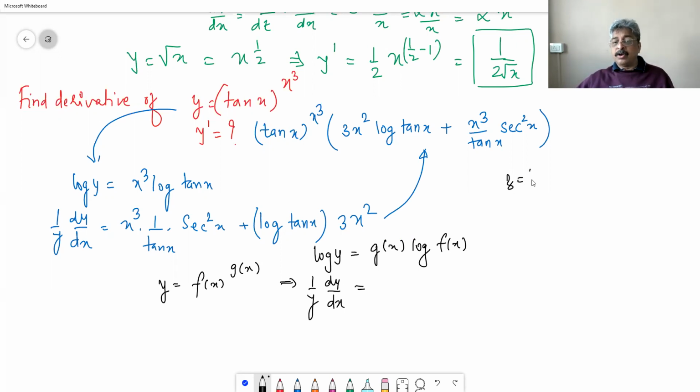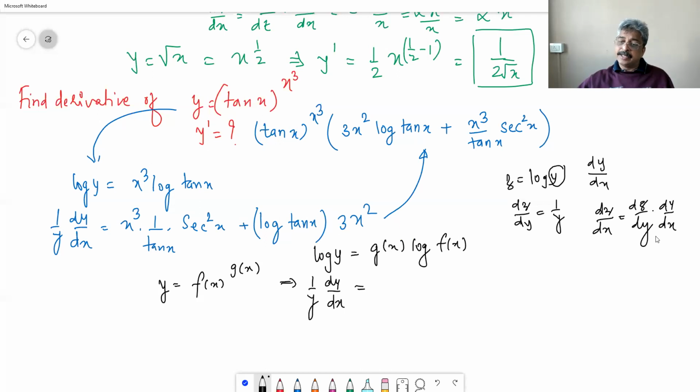Z is equal to log y. Therefore, dz by dy is equal to 1 upon y. And what is the derivative of y? Derivative of y is dy by dx. So dz by dx is equal to dz by dy into dy by dx.